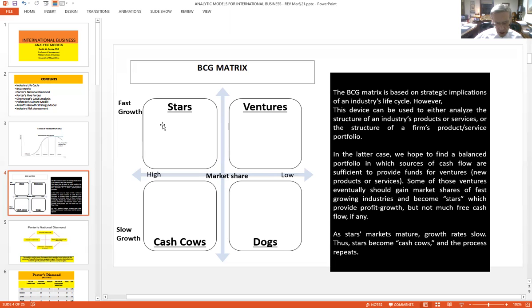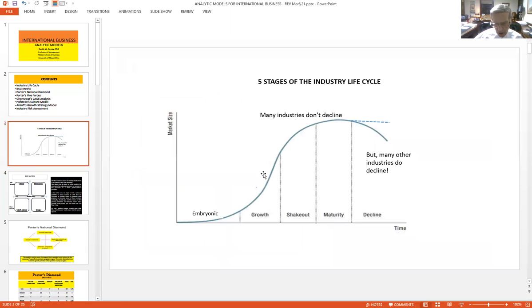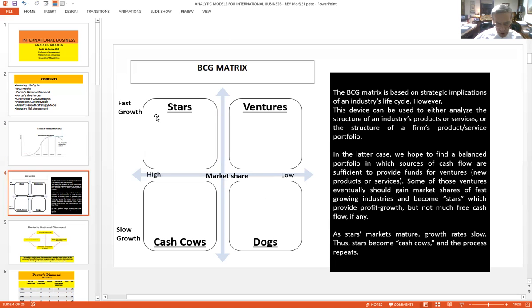and as the industry begins to grow, suddenly here you are in the growth stage. And if you've done a good job, you've got a high share of a fast growth industry.